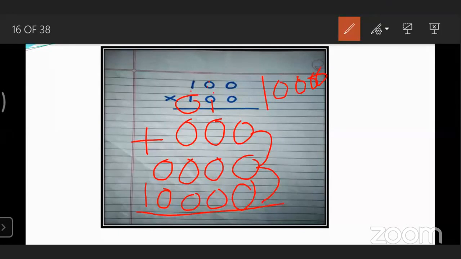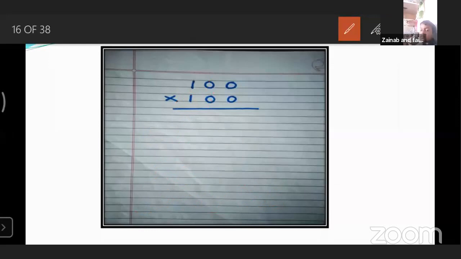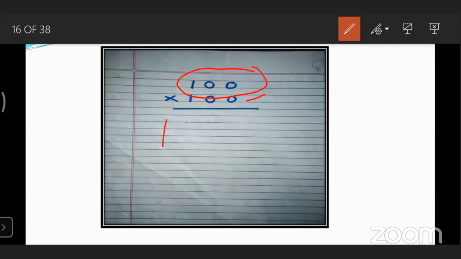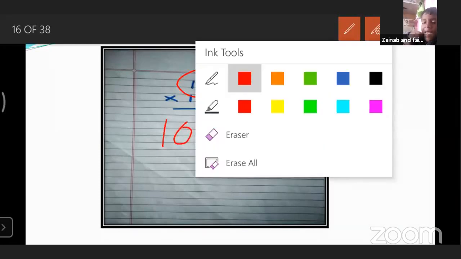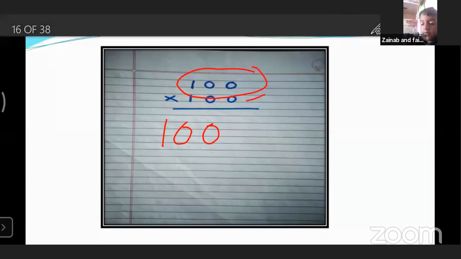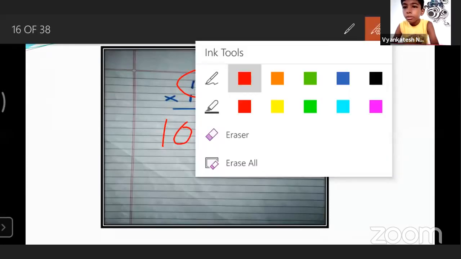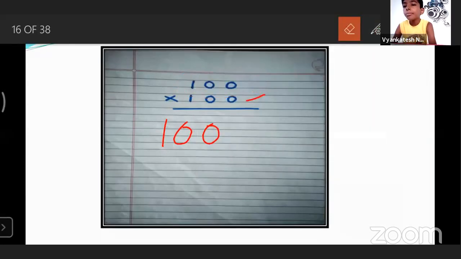Okay, now see. There is no need to multiply. When we multiply by 100, directly what we can do? We can write down this number as it is. 100.